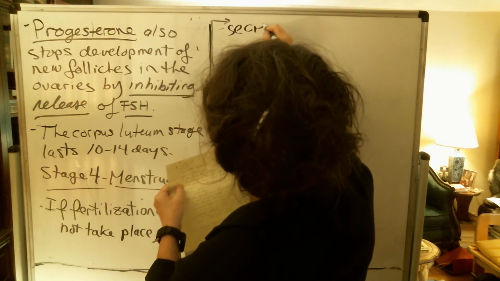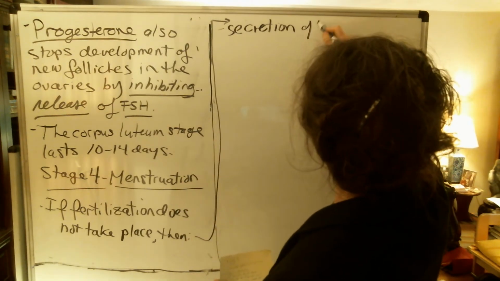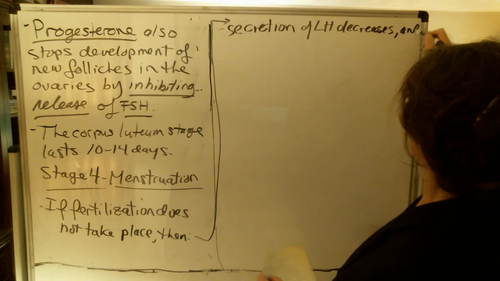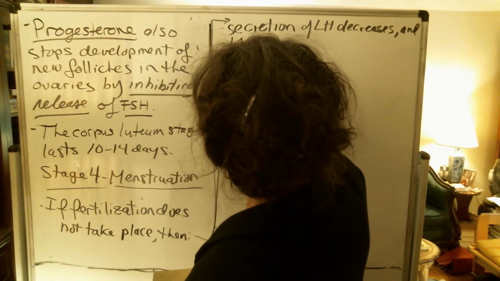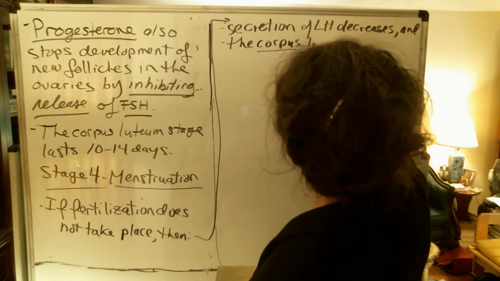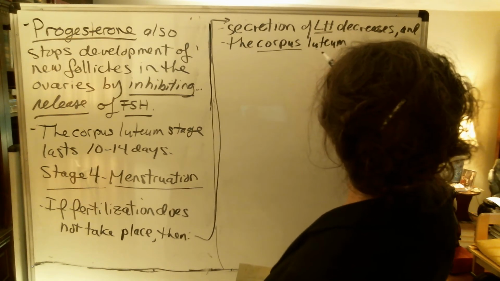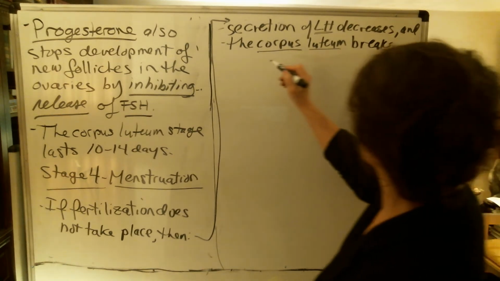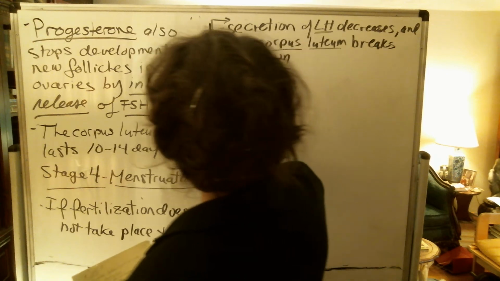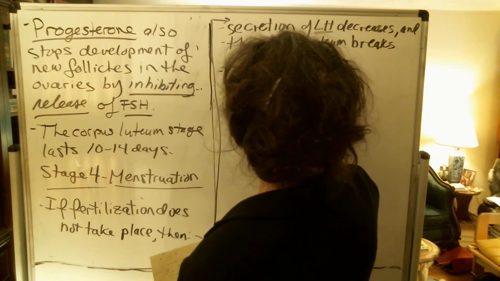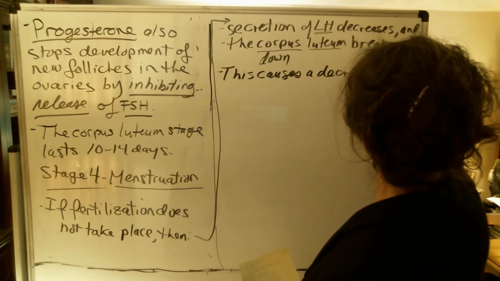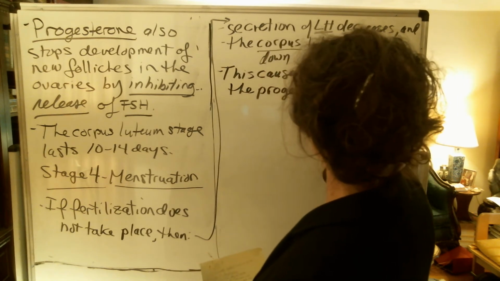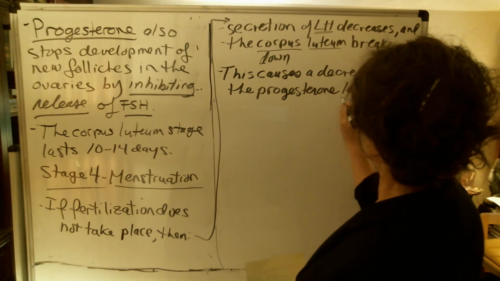To begin with, secretion of luteinizing hormone decreases. And in the absence of the luteinizing hormone, the corpus luteum breaks down. And this causes a decrease in the progesterone level in the blood.